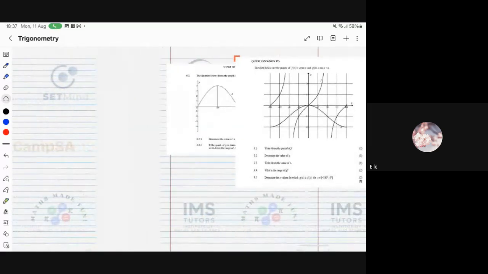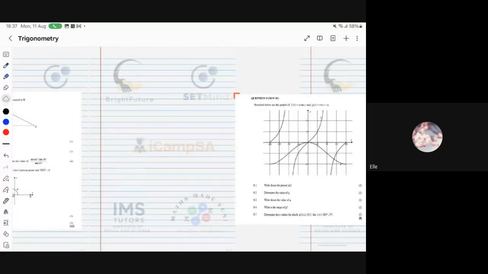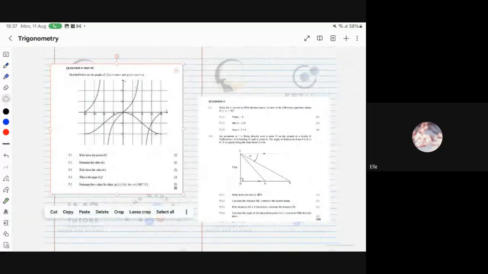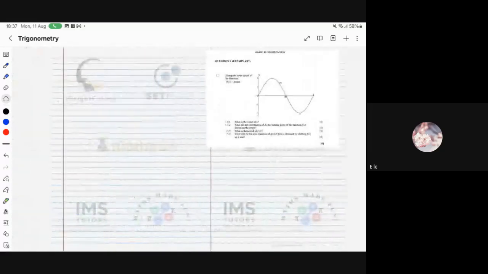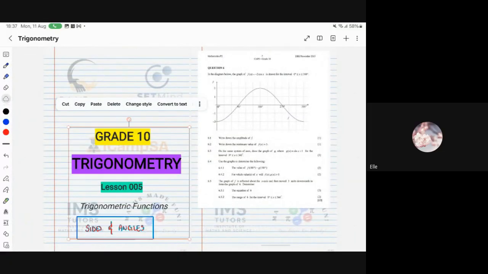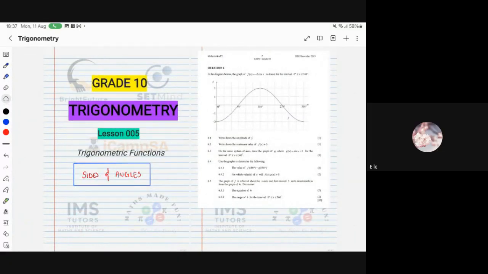Let's hope this one works. Okay, finally. Now we have the space.